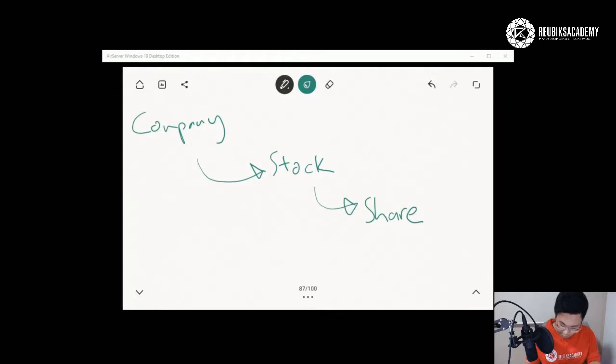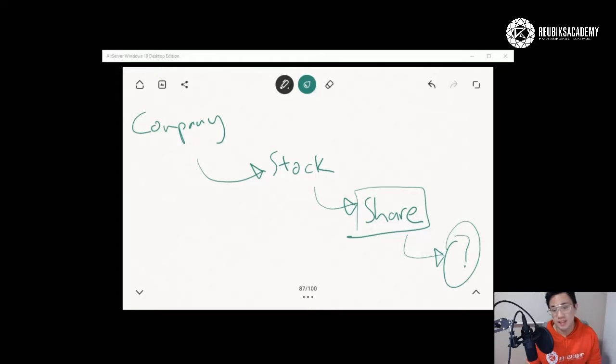Now, below the level of share, there is still something else. But right now, when we talk about short selling, you are interacting with the financial market at the shares level. We'll talk more about this in future lessons. Never mind, let's leave that out for now. Focus on shares as of now.